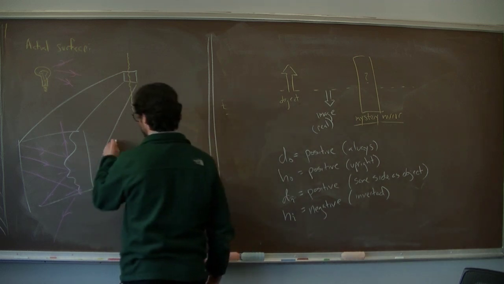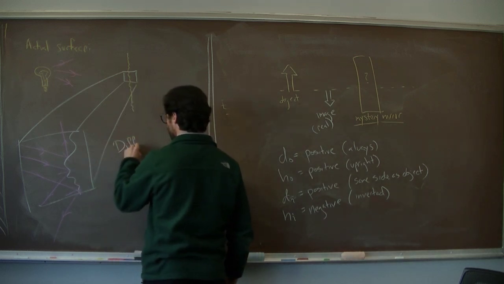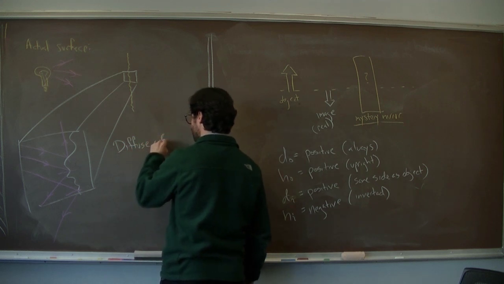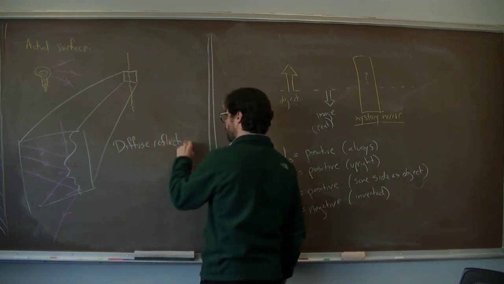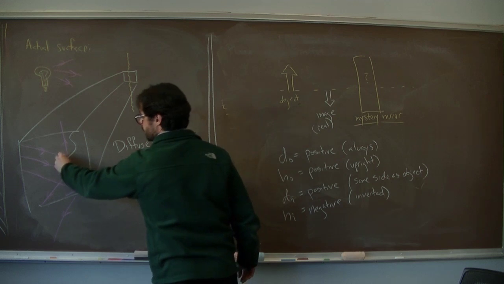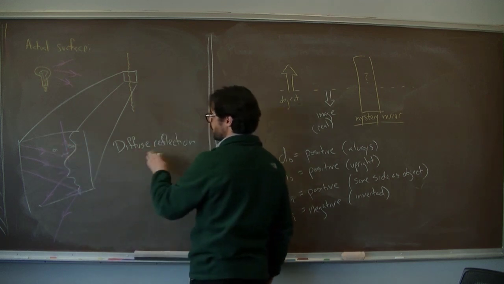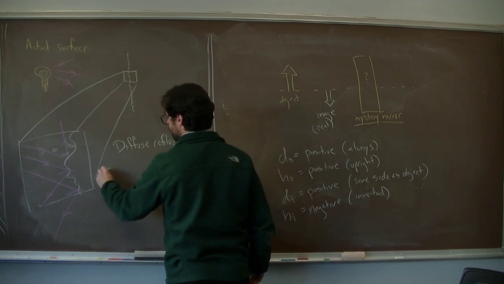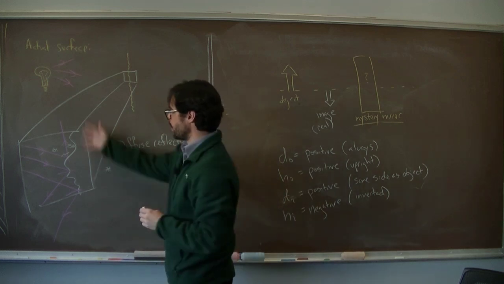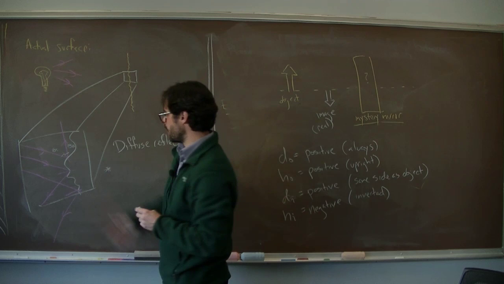What this is an example of is what's called diffuse reflection. What's true is for each one of these, theta I equals theta R for sure. But what's not true is that the surface is smooth on the order of the wavelength of light.